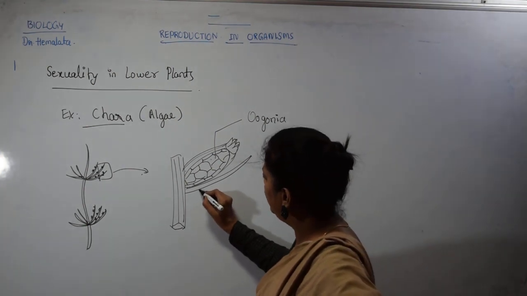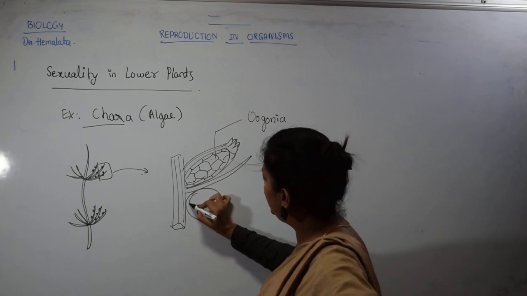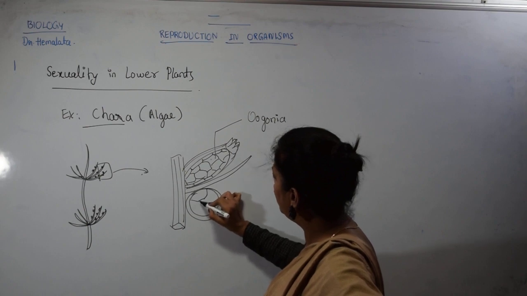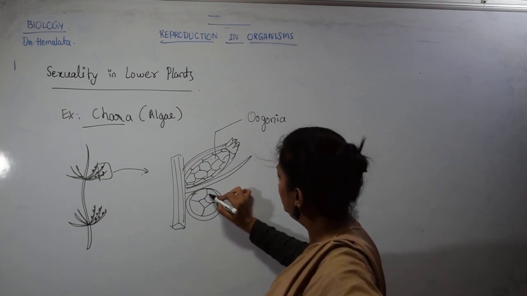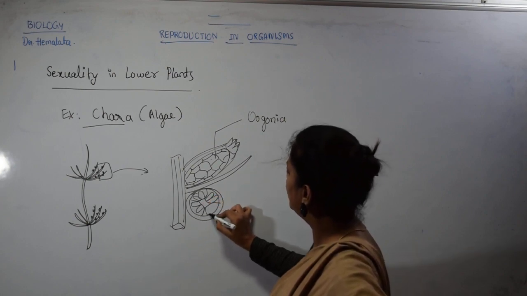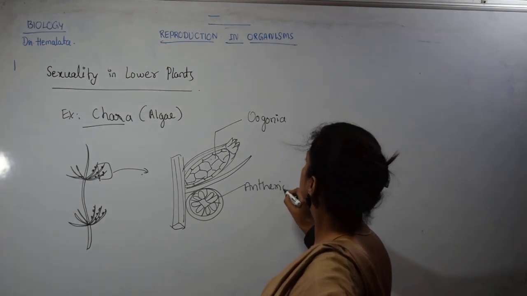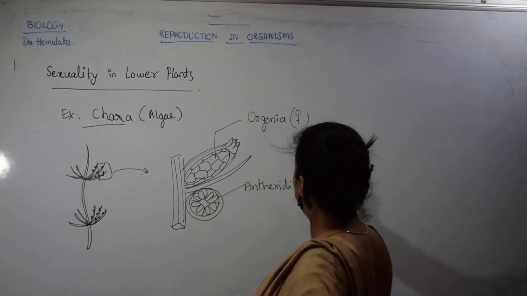Below this you get the antheridia with the covering. These are the antheridial structures. This is the female structure, this is the male structure.